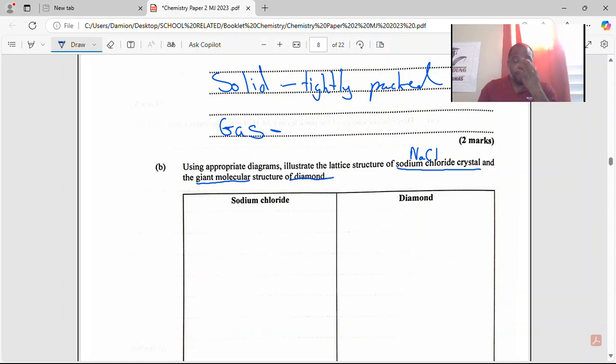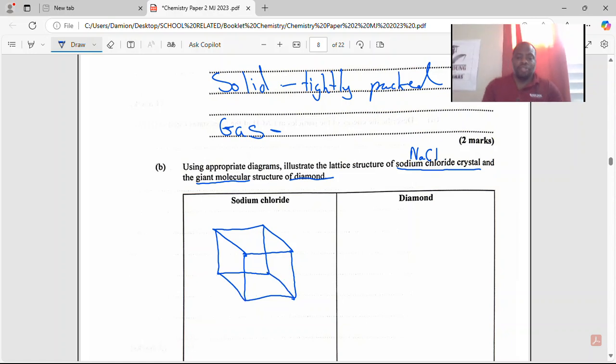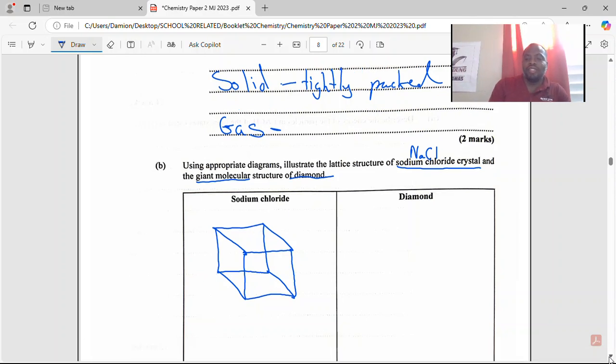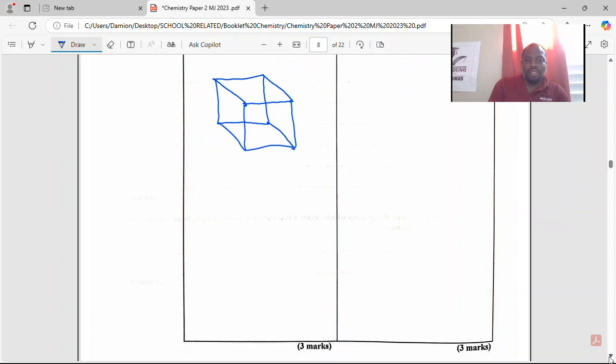Normally, I give students this little grid with the squares. Now, here's something that I see students do. CXC provides this space. You see the space?